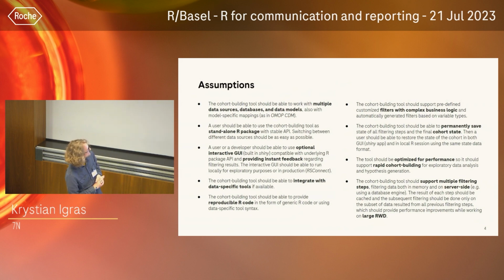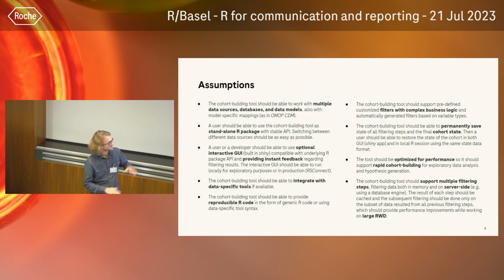What's more? Reproducible R code is also very important, along with sharing the permanently saved cohort state. So, for example, you can copy the configuration, send it to somebody else, and easily restore the whole cohort. What's more, something that is working fast, and people don't want to wait.